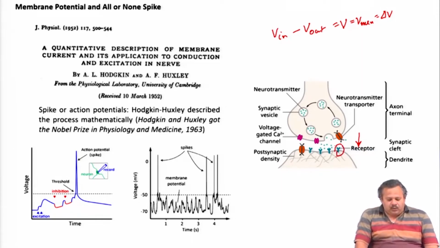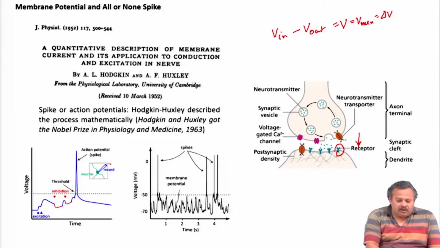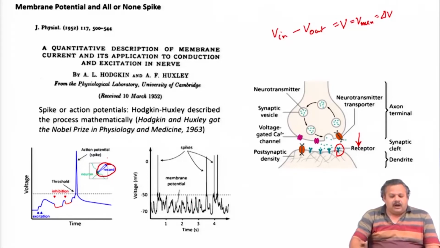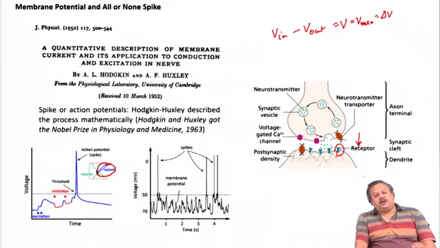So, we have a particular thing here that says record, and we have understood the different ways in which we can record activity from neurons. And it is ultimately this membrane potential that we are recording that becomes the most important.